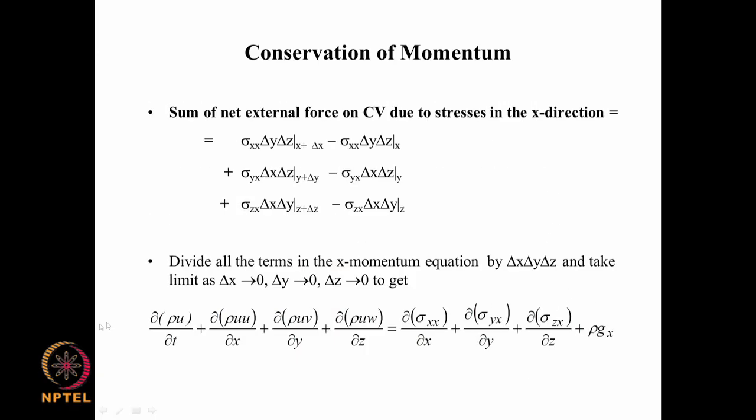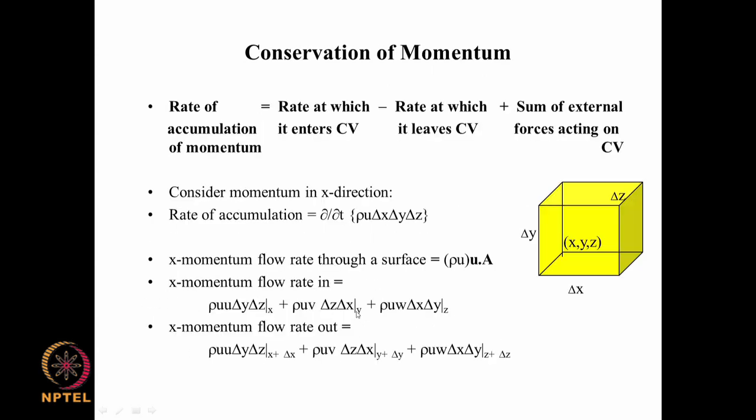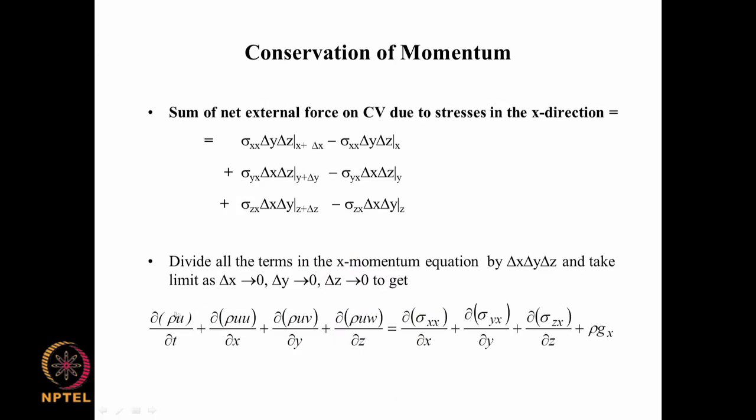So, this is our momentum balance equation. Okay. So, we have got a mathematical statement for the conservation of mass, which is like this, and we have got a conservation of momentum equation here.